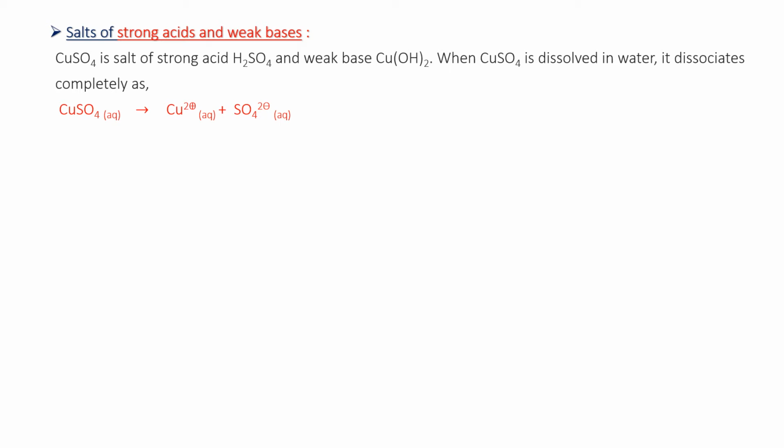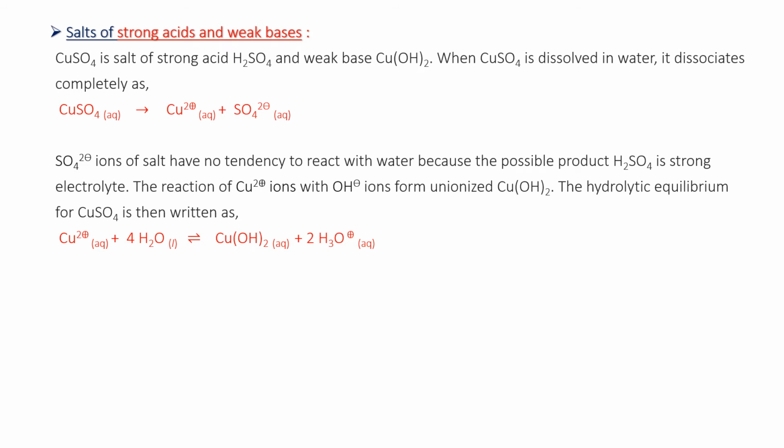Now in this case SO4 2- is coming from a strong acid, so it doesn't have any tendency to react with the water molecule, because if SO4 again reacted with H+, you would get H2SO4, which is a strong electrolyte, so it would again dissociate into its constituent ions.